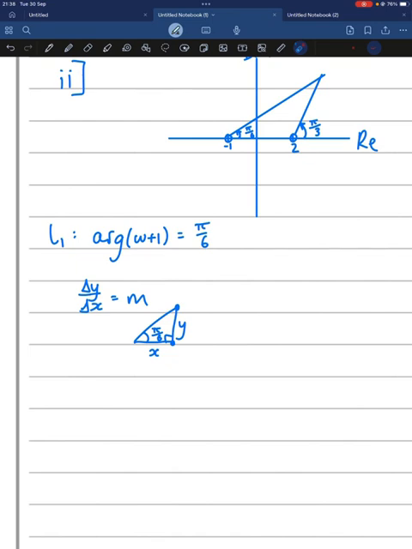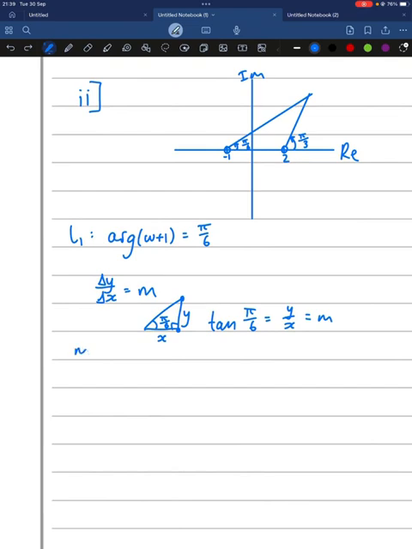So because this is the opposite and the adjacent, we can say that tan of pi by 6, which is y over x, is the gradient of the line. So the gradient of this line is just tan of pi by 6, which is √3/3.